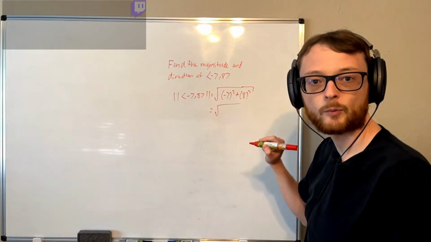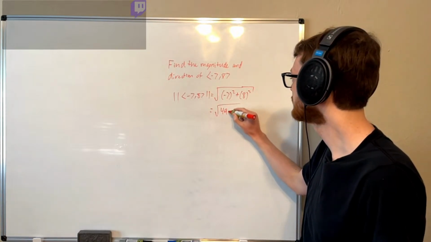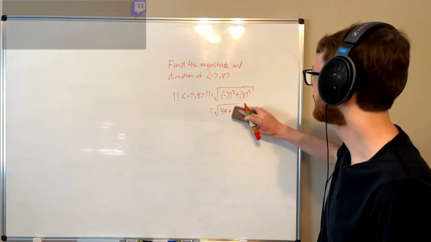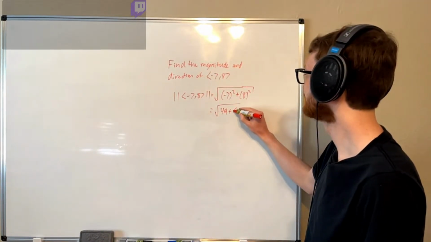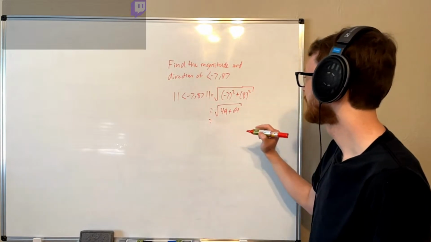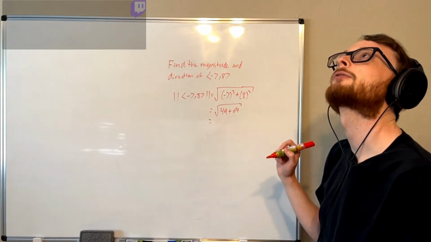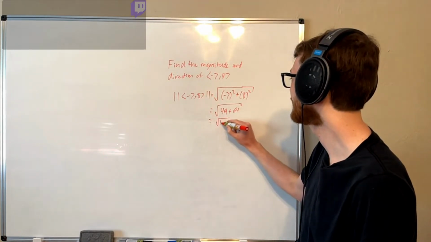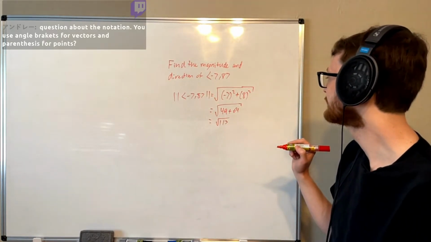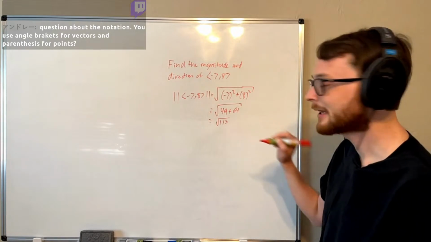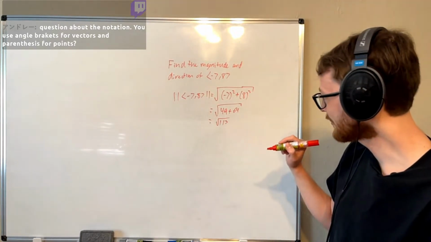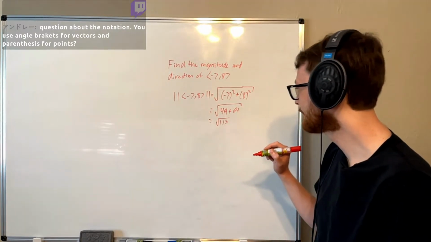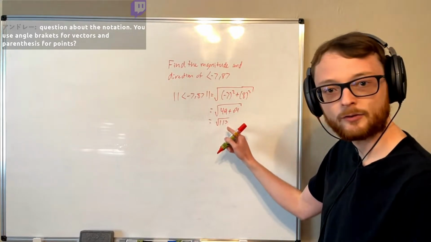So -7 squared is positive 49. 8 squared is 64. 49 plus 64, mental math, don't fail me now. Is that 113? Yeah, it's 113. So that's our magnitude. I don't think that simplifies, as 113 seems prime. I don't think it has a perfect square that goes into it, so I'd say that that's our magnitude.